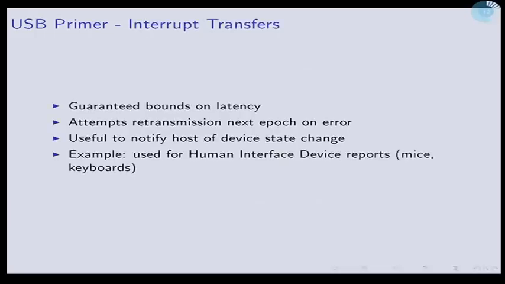We have interrupt transfers, which are designed to be a way to allow the device to notify the host that something important about the world has changed. So what happens is if you have an interrupt stream, the host will ask the device every so often, hey, do you have any new information?